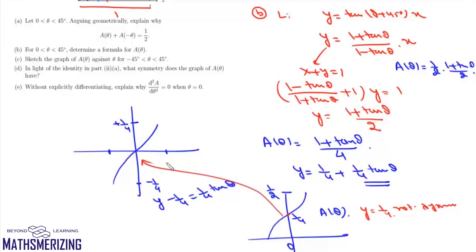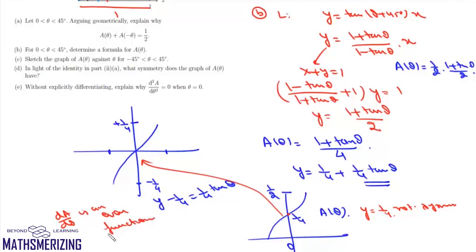Now we'll shift the graph back at origin. We know that it is an odd function. And if it is an odd function, then dA upon d theta is an even function.